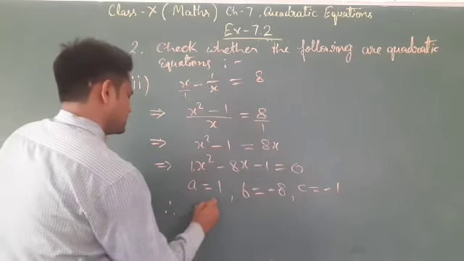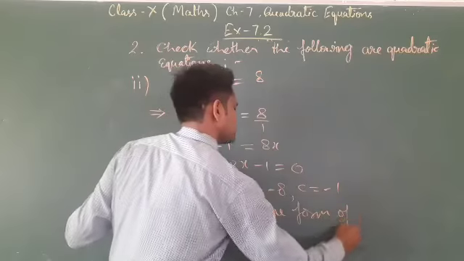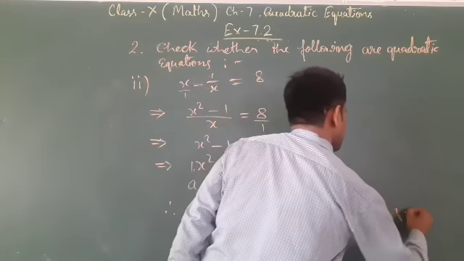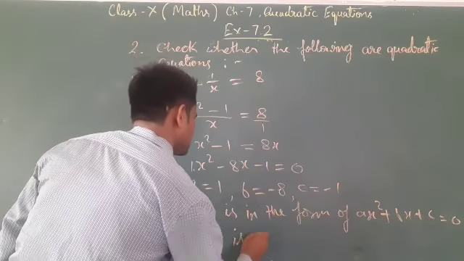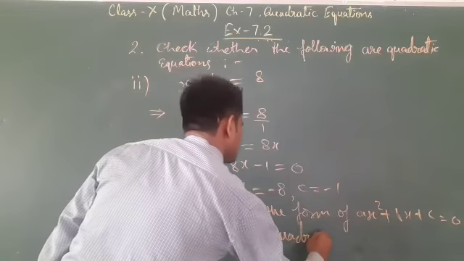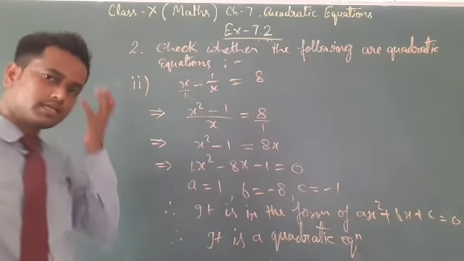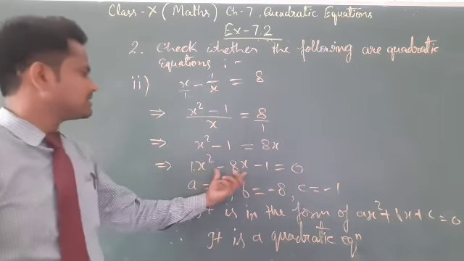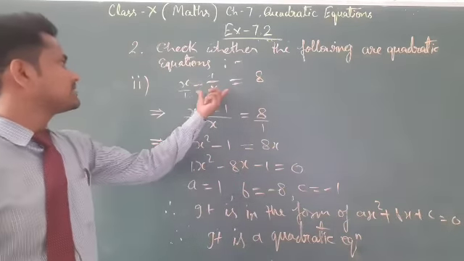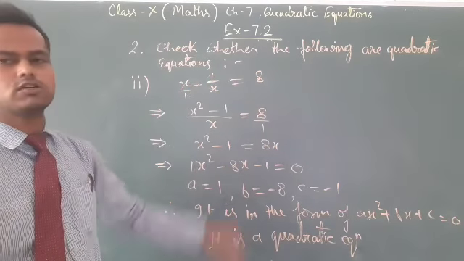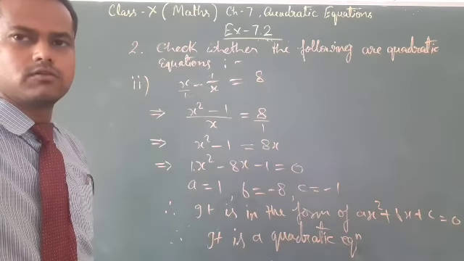So it is in the form of ax square plus bx plus c is equal to 0. That's why it is a quadratic equation. Got it? So the final answer is in the form of ax square plus bx plus c. That's why this expression x minus 1 by x is equal to 8 is a quadratic equation. Got it? Pause the video and note it down.